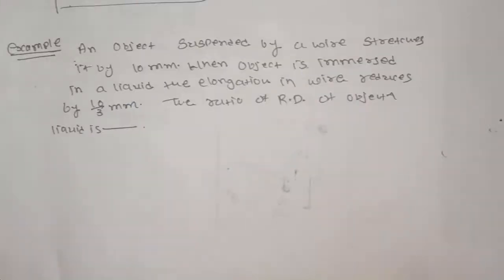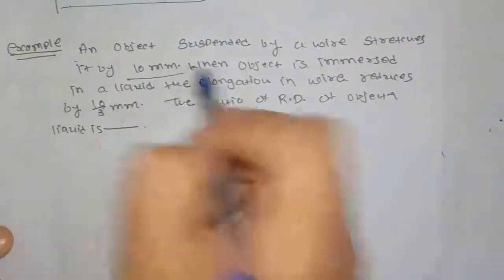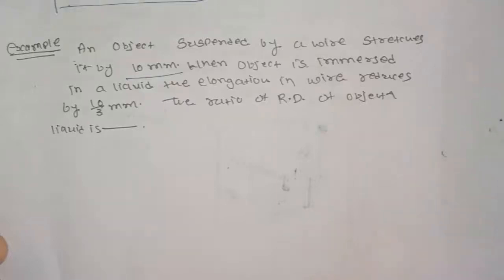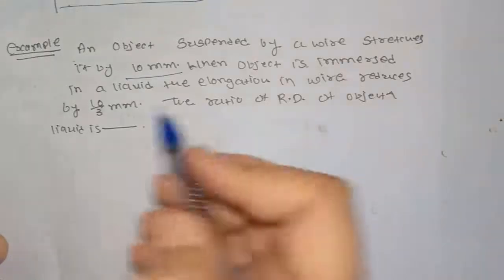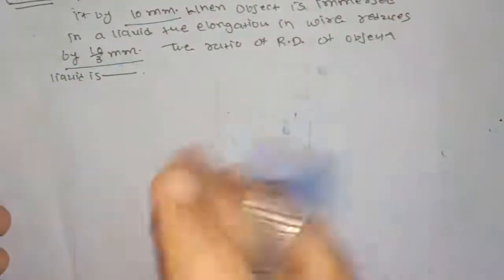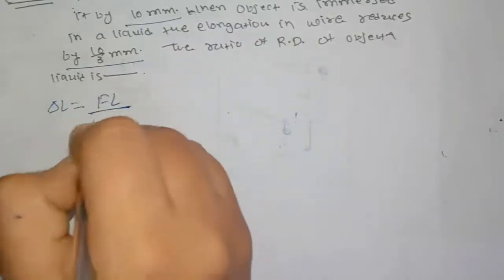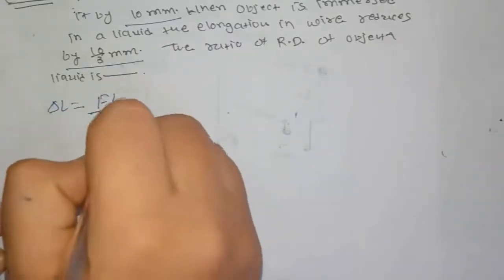In this example, an object suspended by a wire stretches it by 10 mm. When the object is immersed in a liquid, the elongation in the wire reduces by 10 by 3 mm. What is the ratio of relative densities of object and the liquid? Here, delta L is given by force into length upon area into Young's modulus.